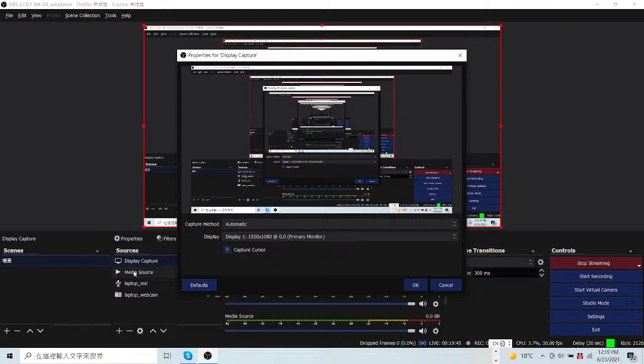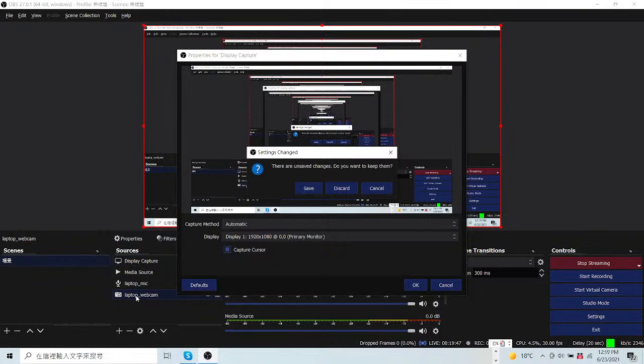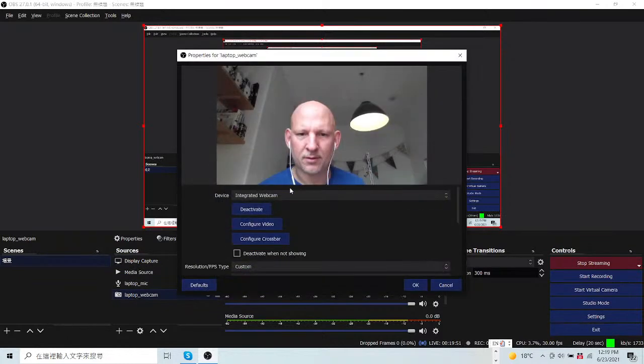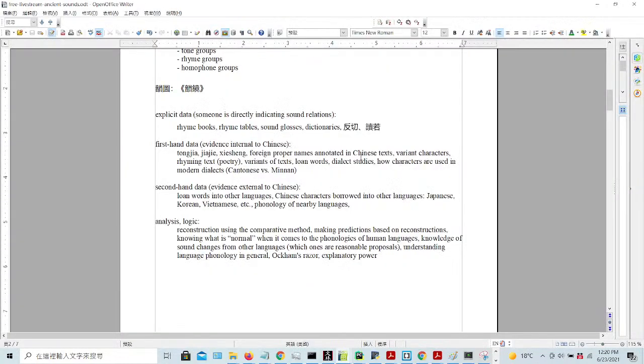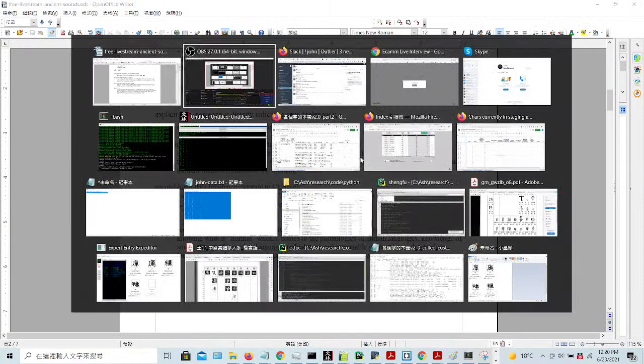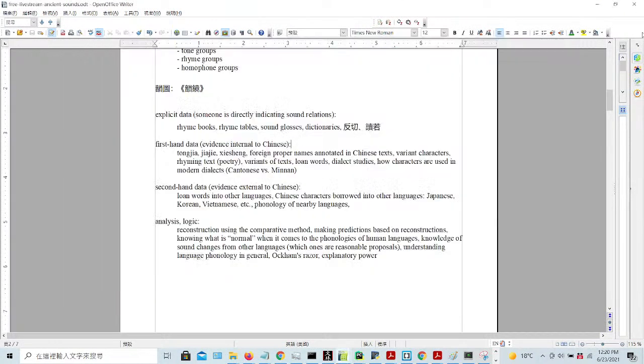Guess I choose webcam. Okay. I guess I'm going to try to switch between reading this document and talking to you guys. Oh, actually, I think I can do that. Well, I'm not really sure.